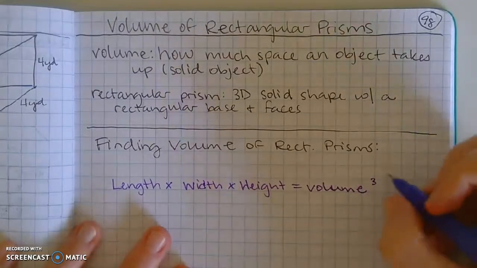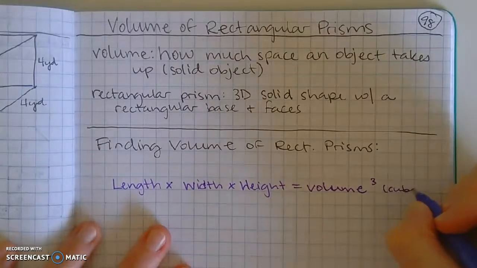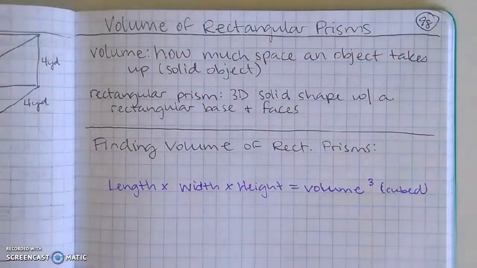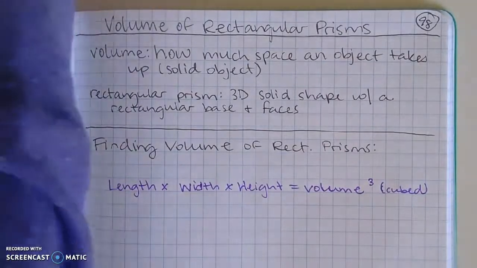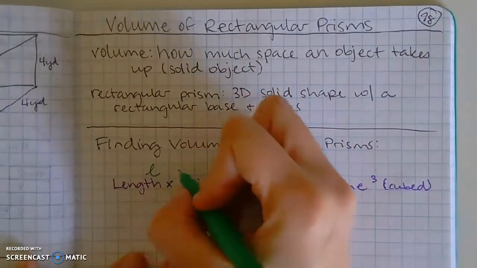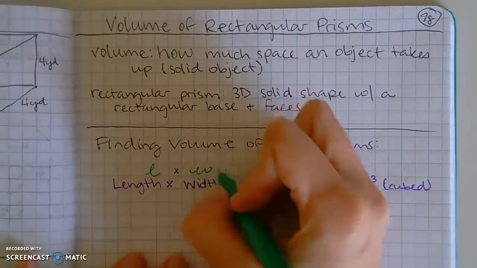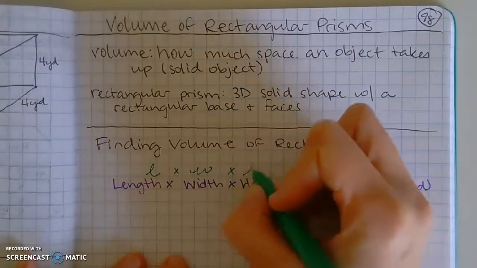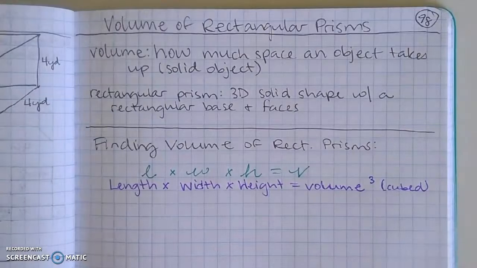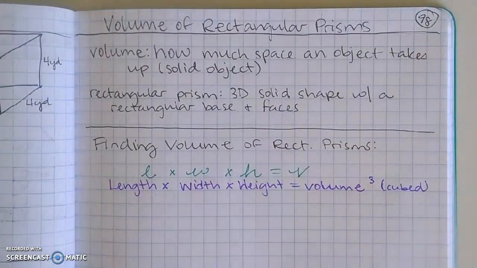Okay, so volume cubed, because it's how many cubes can fit into a shape. So the shorthand way to write that would be length times width times height equals volume. Okay, fancy cursive letters there.